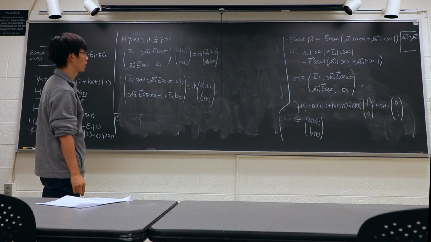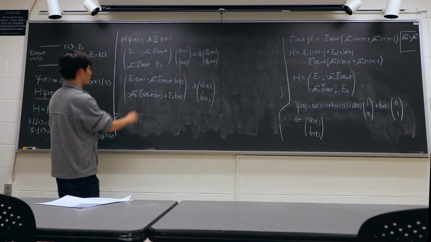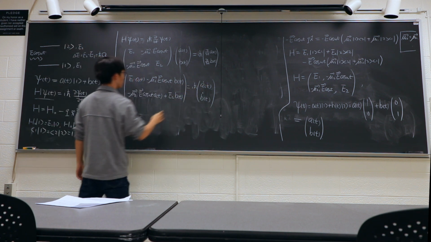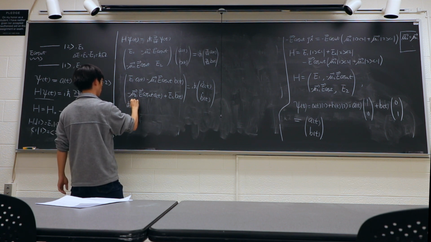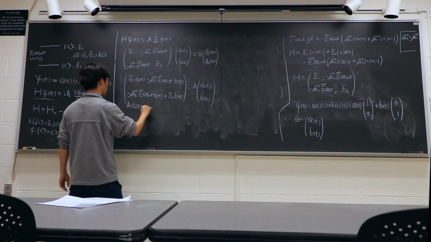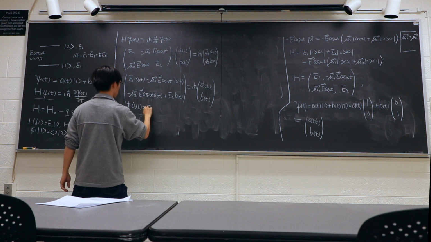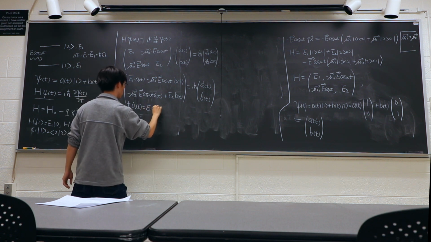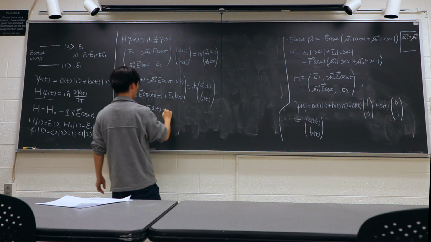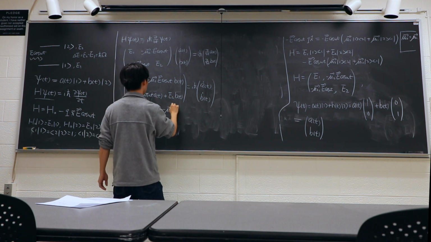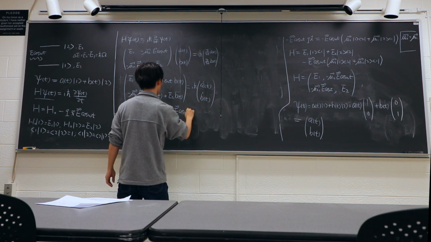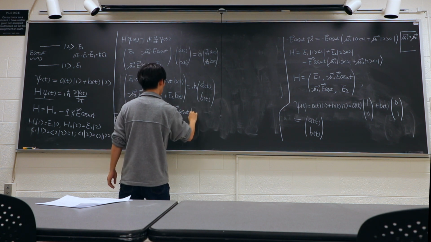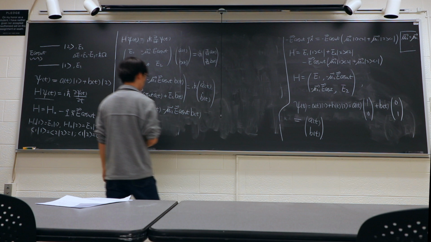So here we will have i h, the time derivative of A, equals E1 AT minus mu 1 2 E cosine omega t Bt.